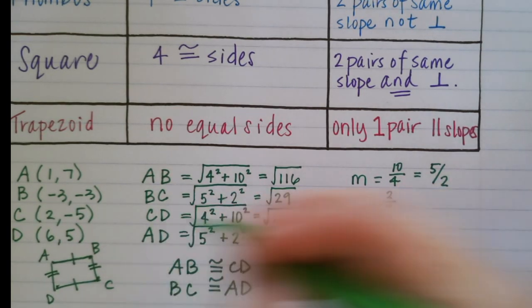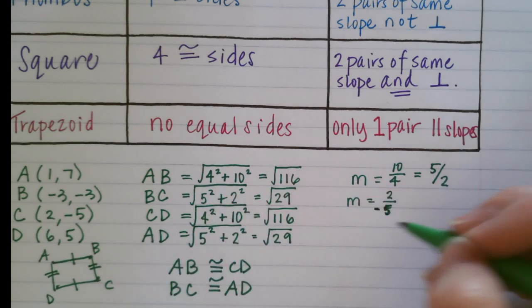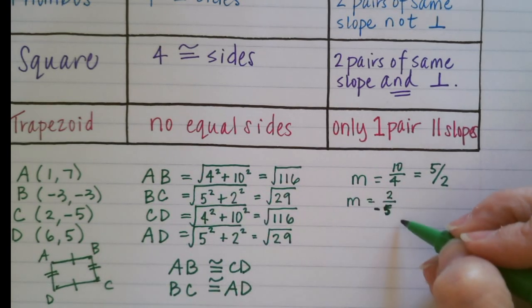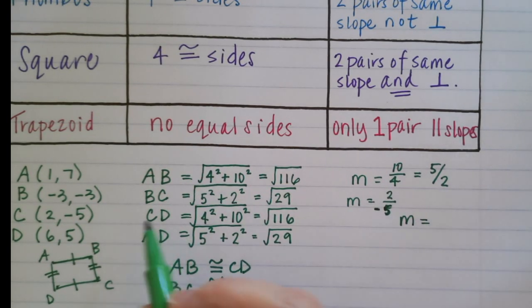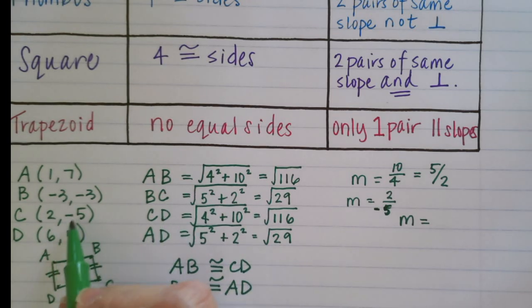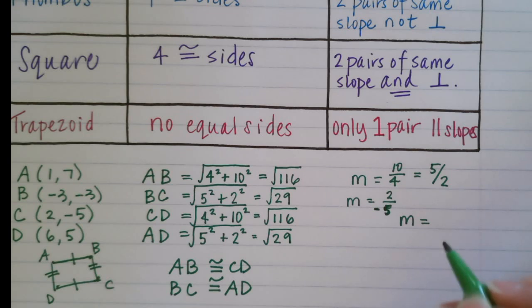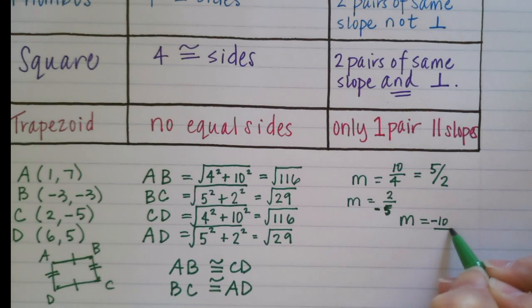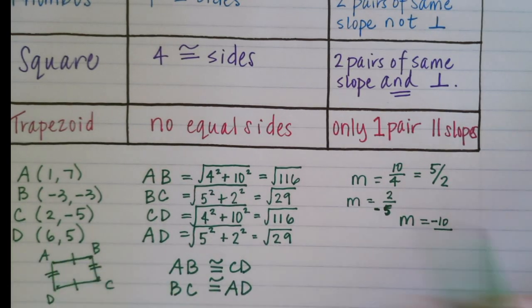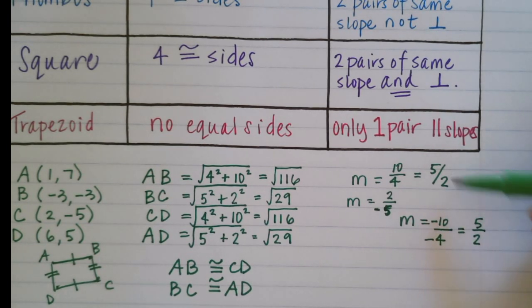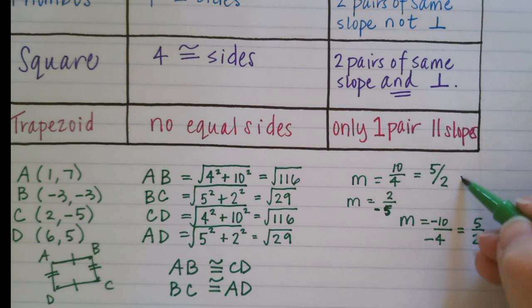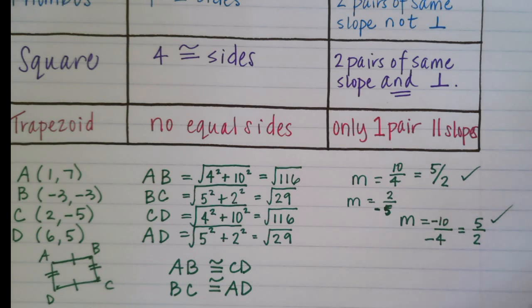Now I'm doing the slope of CD. I'm running out of space, so maybe I'll go over here. Looking at C and D, y minus y would be negative 10, and x minus x would be negative 4, but that reduces to 5 over 2. So I know that these two sides are parallel because they both have the same slope.